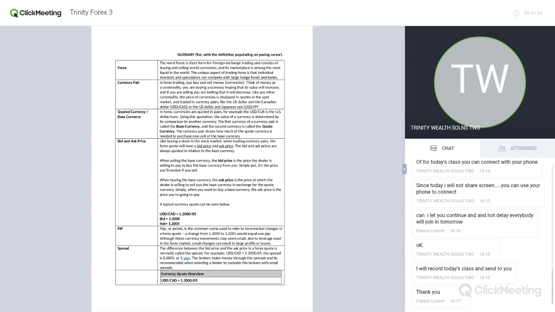So, using the example we used, like USD CAD of 1.2000, if the price moves from 1.2000 to 1.2001, we say it has moved by 1 pip. That move in the fourth decimal point is the pip, all right? So although this currency movement may seem small, due to leverage, which we'll learn about, used in the Forex market, small changes can result in large profits or losses.